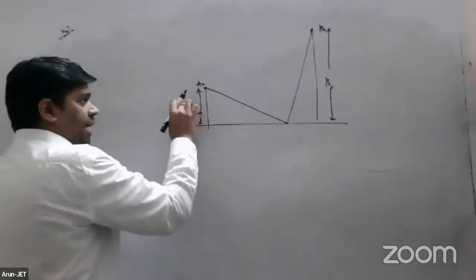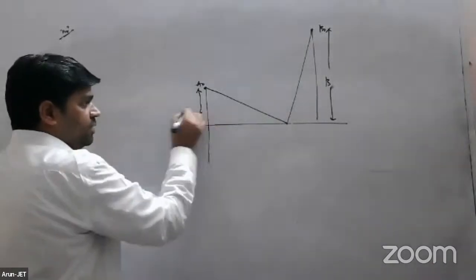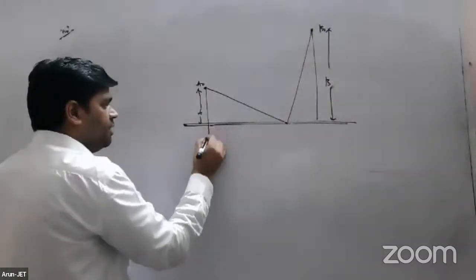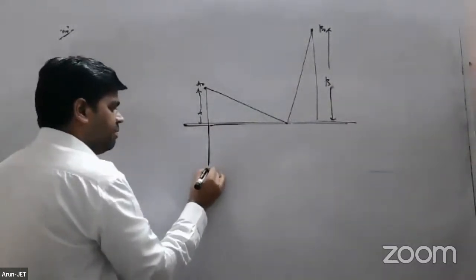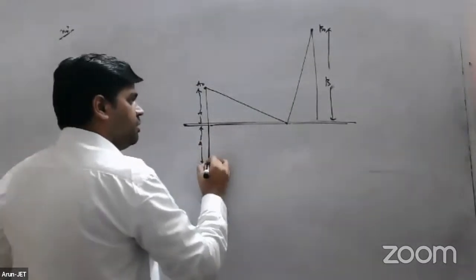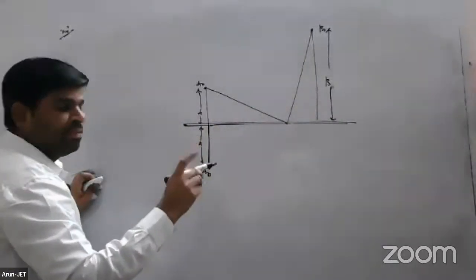What I do is take the reflection of this A naught over here with respect to this line. So I get, let's say, A naught prime. This distance will also be the same. Now, this length plus this length has to be minimum.